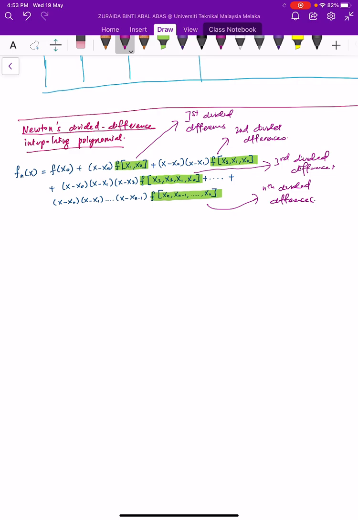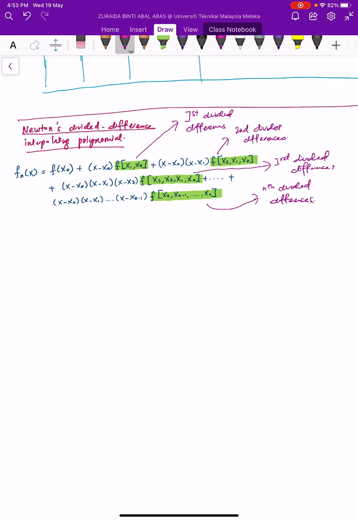Okay, so now what you have to do is decide what order you want to use. Say for example, you want to go for first order, second order, or third order differences.